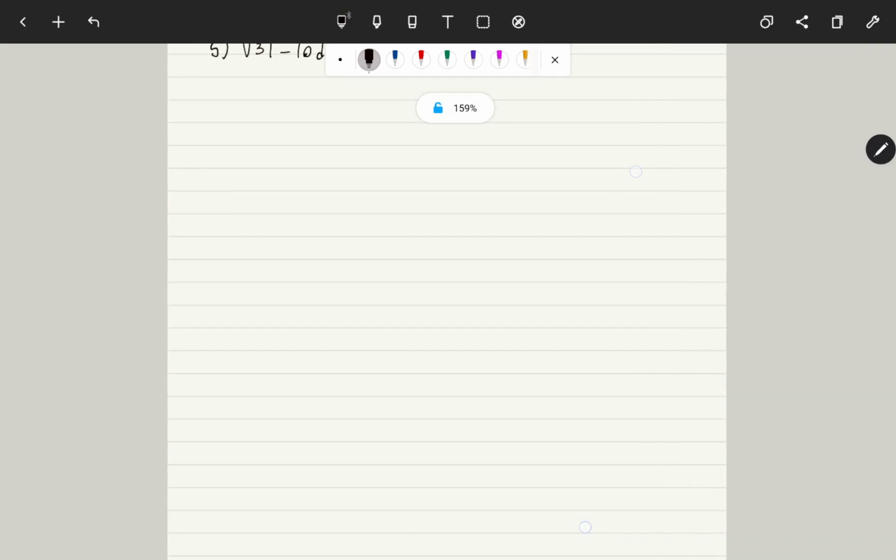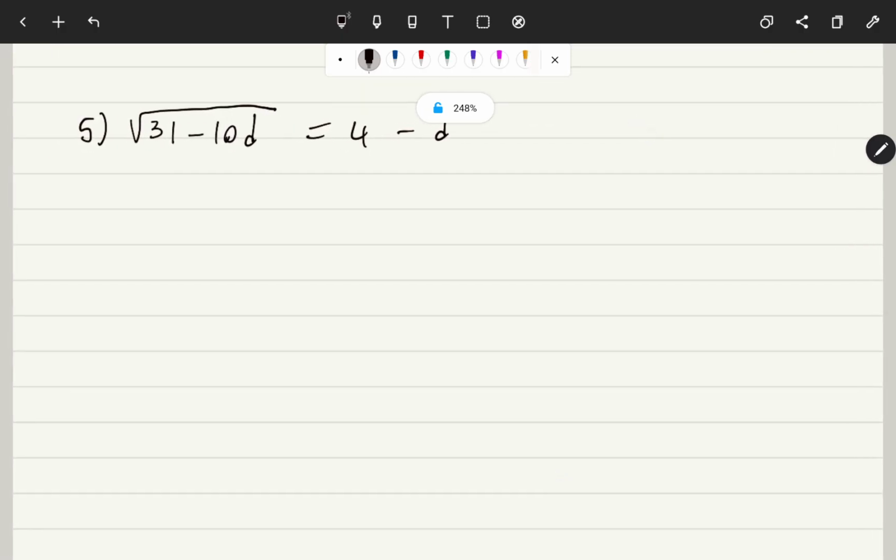Something very interesting just happened, but cool. So this one, nicely enough, let me use pink. Nicely enough, the numbers are already arranged, I don't have to transpose any number, so I'm just gonna eliminate this side straight away. I have 31 minus 10d, right? This side I have 4 squared.